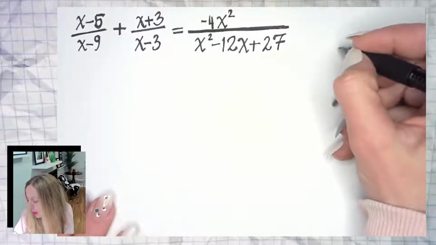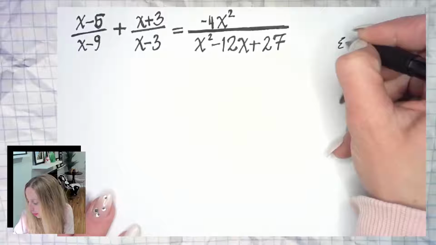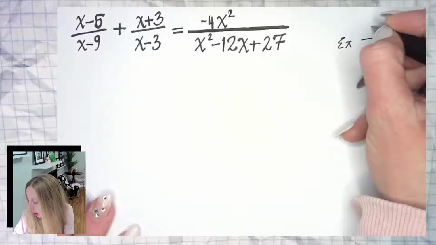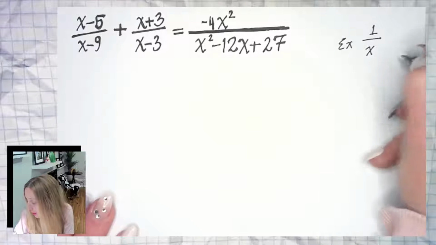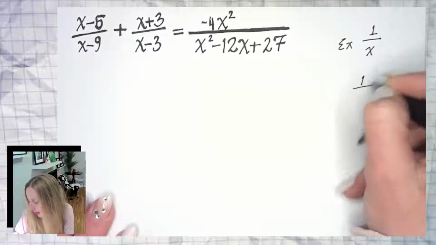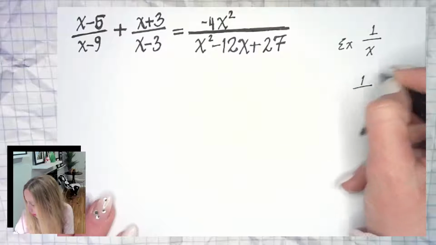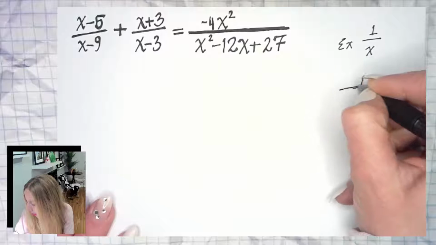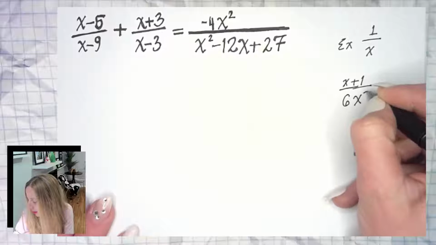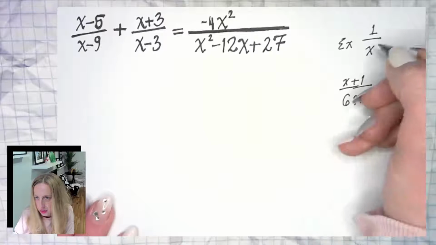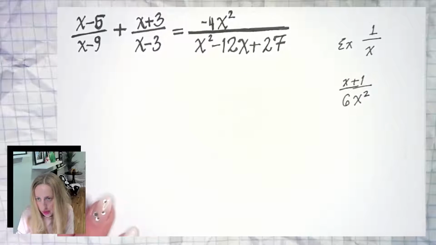Or when maybe you have, say, just as an example on the side, a denominator like x, or 1 over x, and again, the top could be anything. So we could even make it, let's make it more interesting, x plus 1 over 6x squared. In these cases, there's nothing to factor, so you don't have to factor.